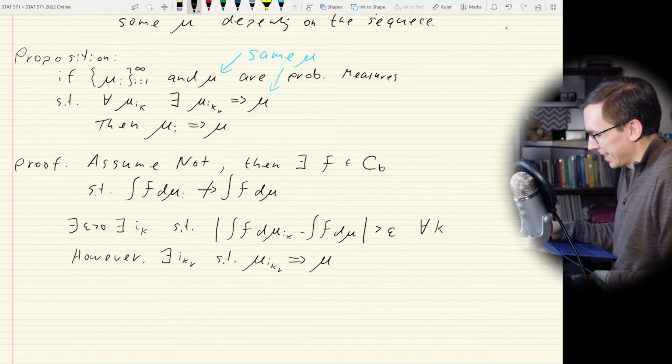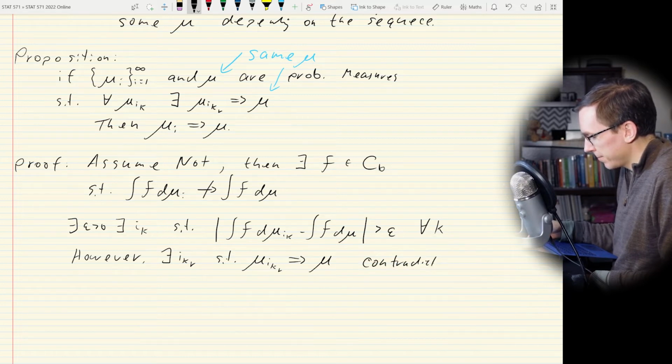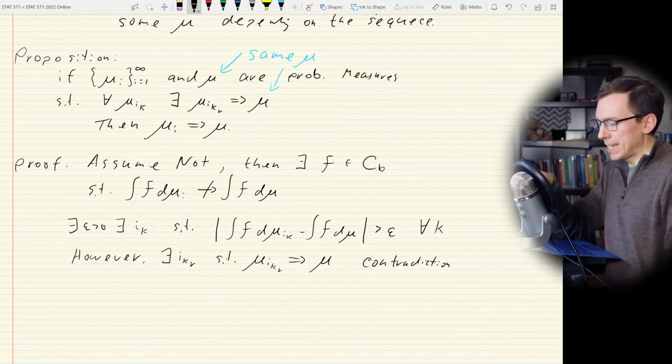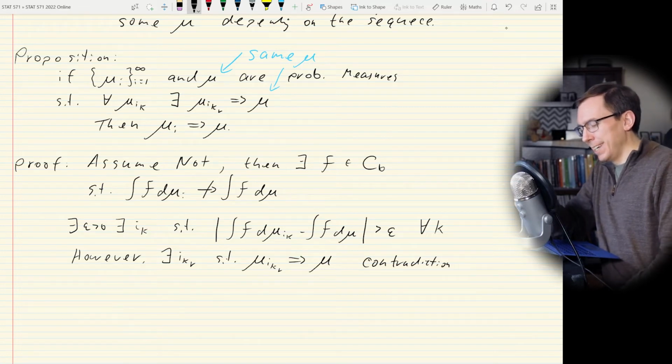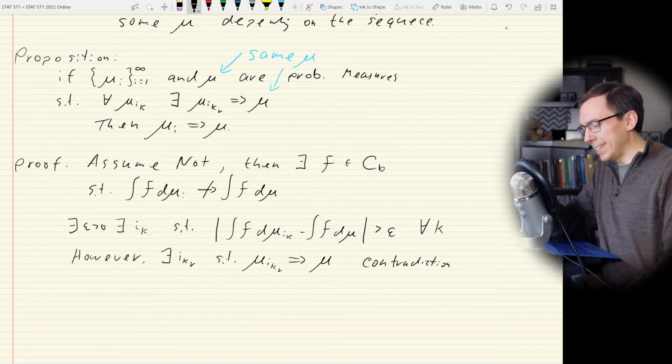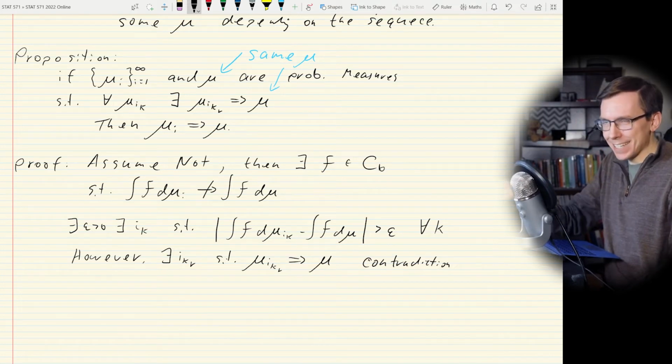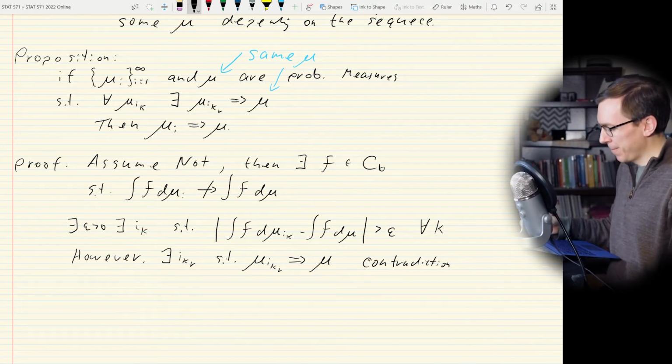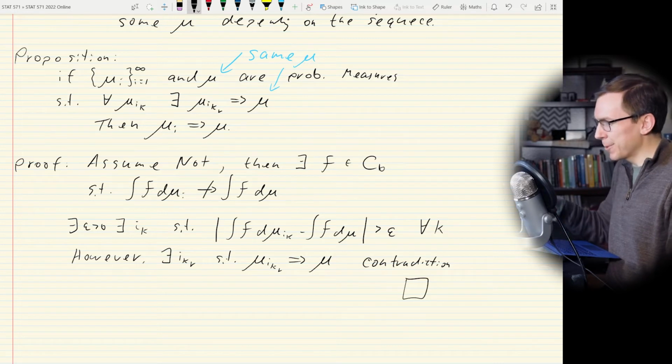And this is a contradiction. Because for this subsequence, the integral with respect to μ_{i_k} has to stay away from the integral with respect to μ. But there exists a subsequence where it doesn't stay away, where it does converge. We get a contradiction, and QED, we're done.